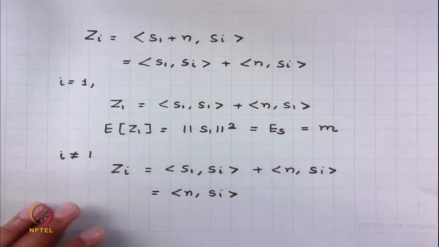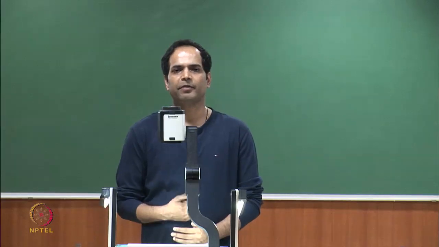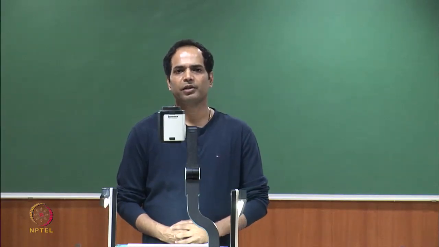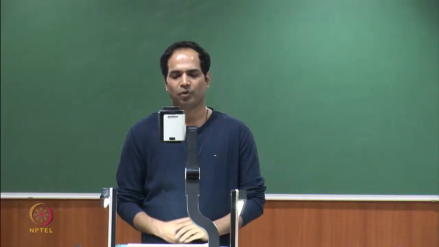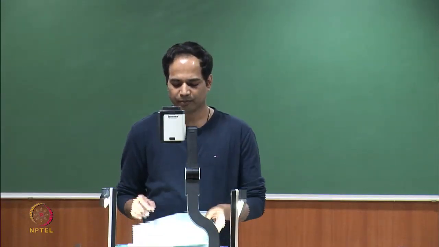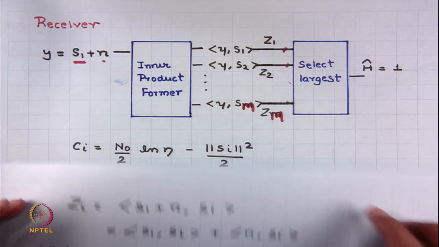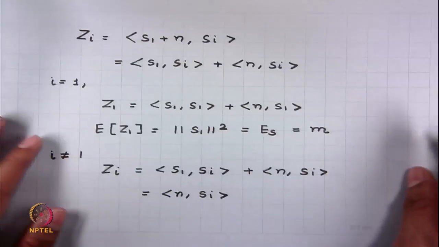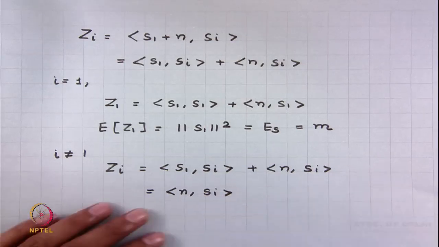It will be Gaussian, because any linear functional of a Gaussian noise is a Gaussian random variable, isn't it? Here what we have is a linear functional of a Gaussian noise. So, all these random variables will be Gaussian, and thus what remains is to identify the mean and the variance.